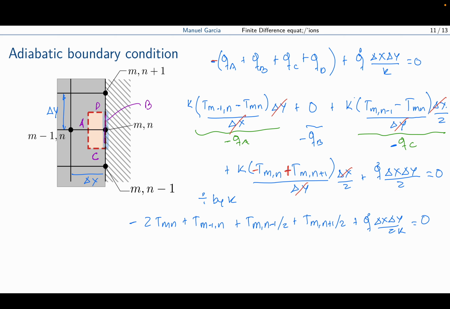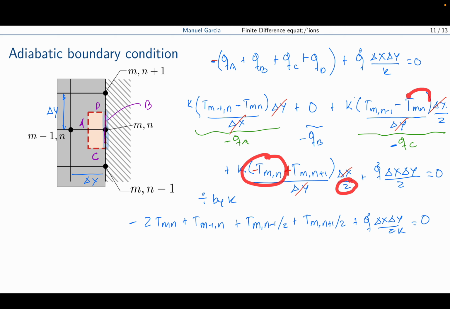So if we reorganize, we realize that we have minus 2 times Tmn, the temperature in the center. First of all, we divide the whole equation by K. So this K cancels, this K cancels, this K cancels, and then we have a K in the last term. And so when we count the temperature, we have this Tmn, but it's multiplied by 2, and the same thing here, this Tmn, but divided by 2.